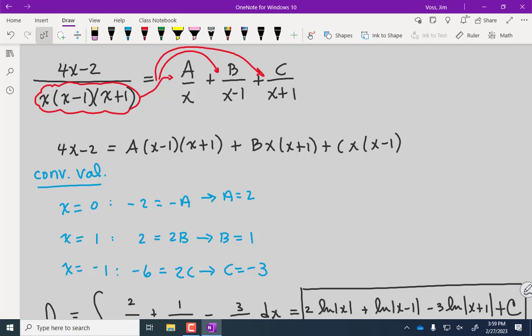If we have something like x squared plus 4, there's no convenient value. There's nothing that would make x squared plus 4 zero, no integers. So if it was x plus 4, x plus 2, and those were the two factors, you could still use this? Yes. As long as those factors are linear, as long as there's no x squared in there, convenient value method is the way to go.